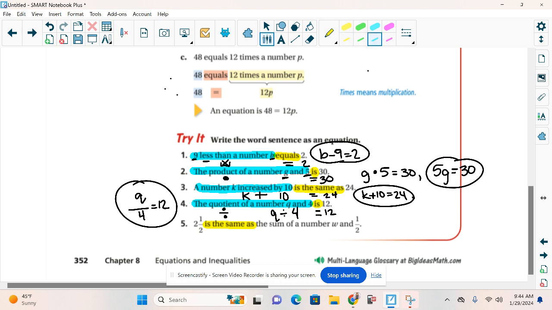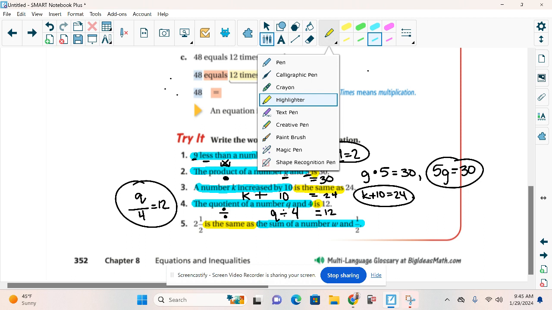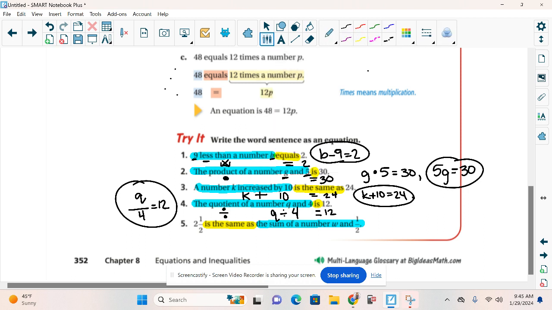The sum of a number W and half. So I've got equals, and I got 2.5. What's our key word? Sum, and sum means to add. What are we adding? W plus a half.